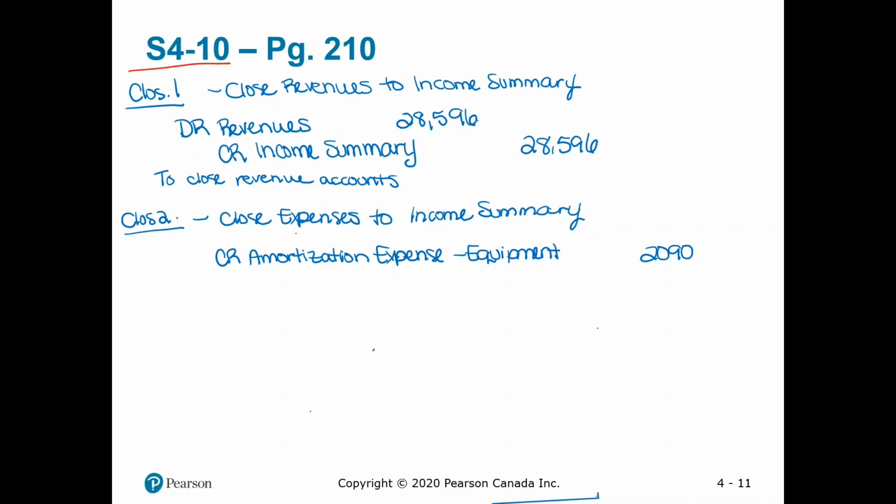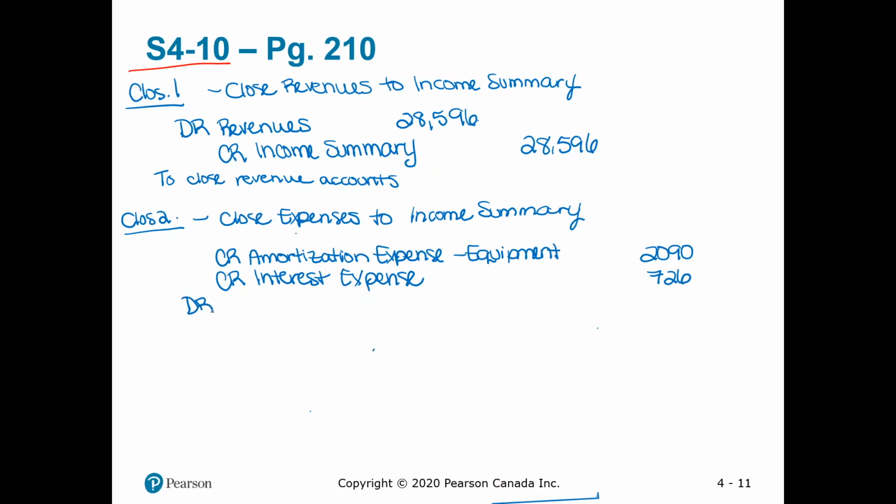Go back to the list. The next expense account that we see is interest expense. So again, we'll credit that. It had a balance of $726, so we'll credit it for that amount to get it to 0. And those are the only expense accounts, so we've only got 2. We've closed them both.